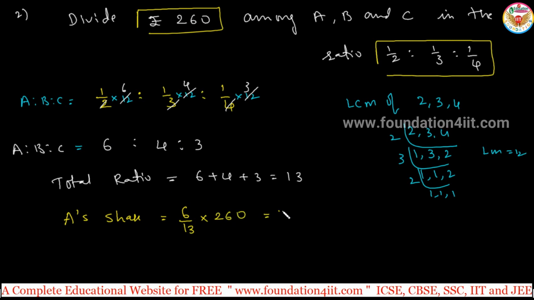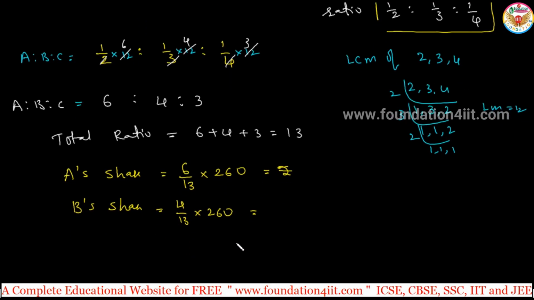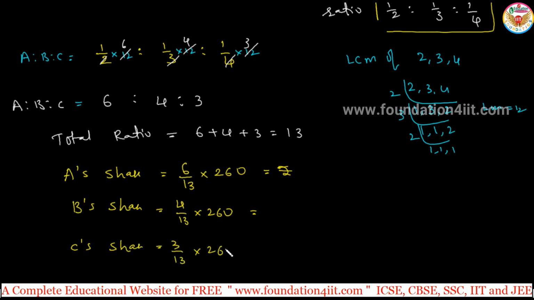You can simplify this. In the same way, B's share: B's ratio is 4 by 13 into 260. And C's share: C's ratio is 3 by 13 into 260. Just simplify, you'll get the answer.